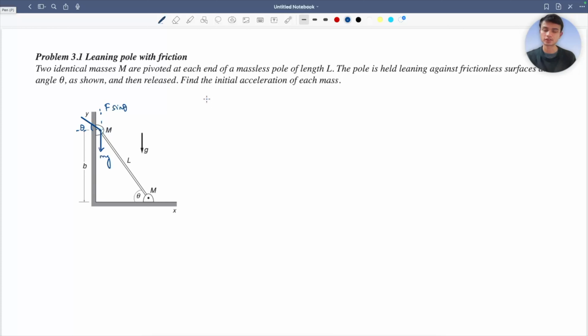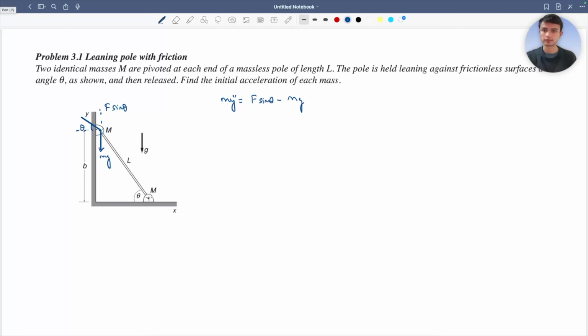So my first equation turns out to be m y double dot equals F sine theta minus mg.